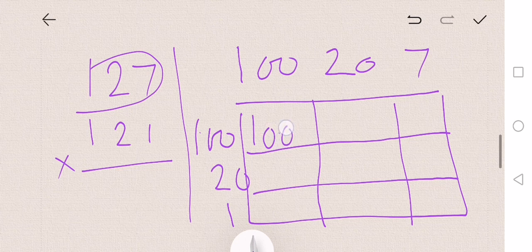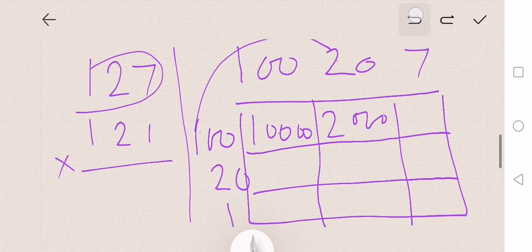Actually, that's 10,000. 4 zeros. I don't have space here. So 1, 2, 3, 4. Okay, that's 10,000. Then this 2, that's 2,000 here. See, 2 times 1 is 2, and then 1 zero, 2 zeros, 3 zeros. That's why the 3 zeros are there.